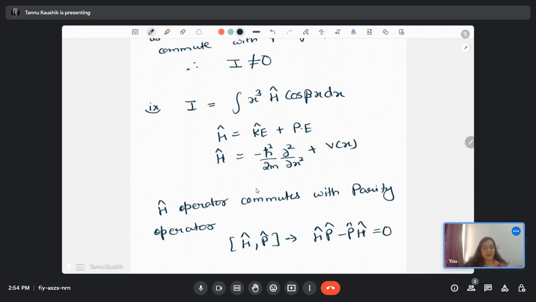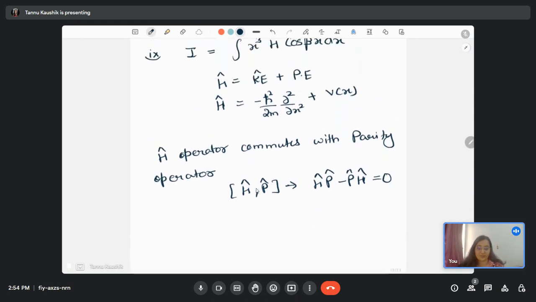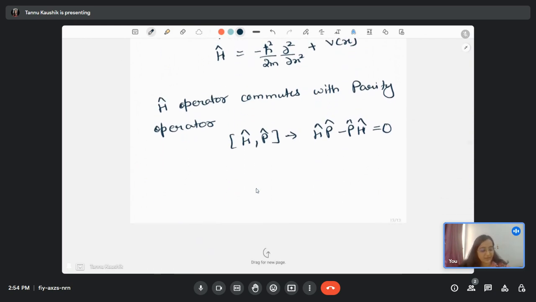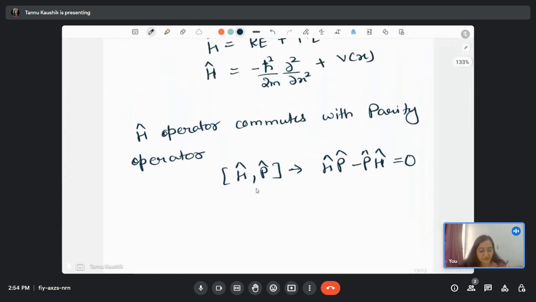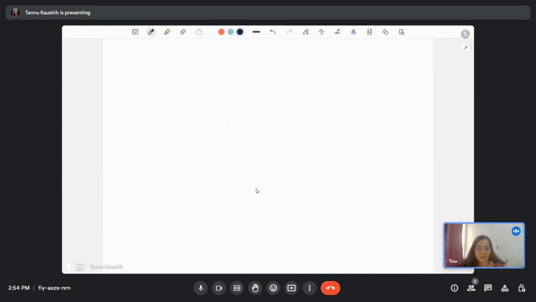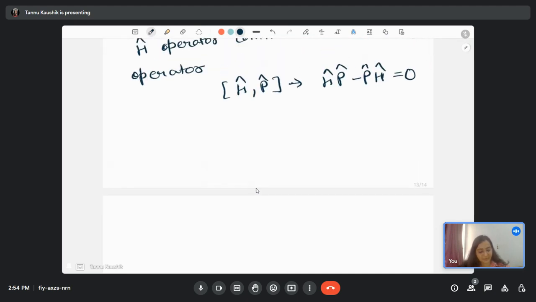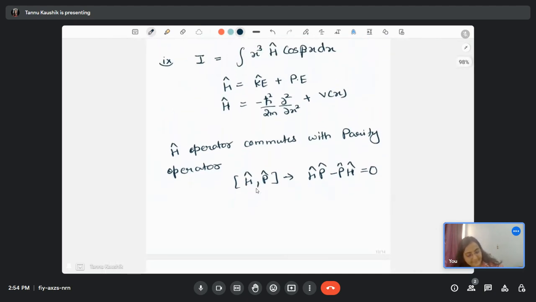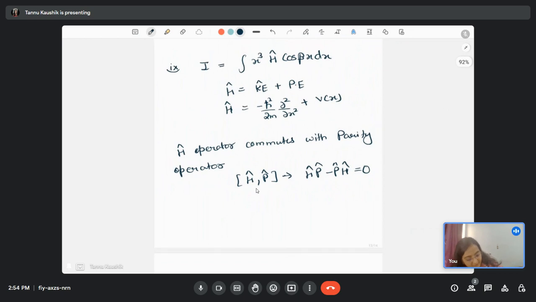Just check whether HP minus PH is equal to 0 or not. I am informing you, confirming that the Hamiltonian operator always commutes with the parity operator, but you also try it once yourself. Okay.